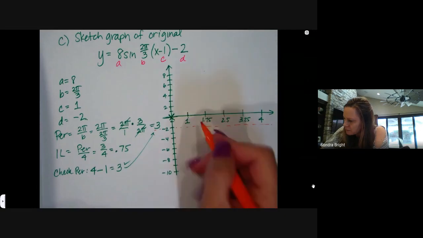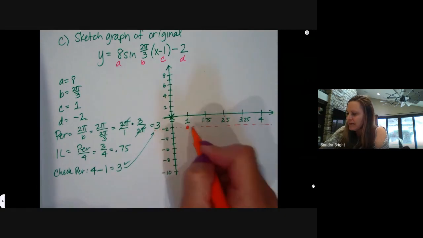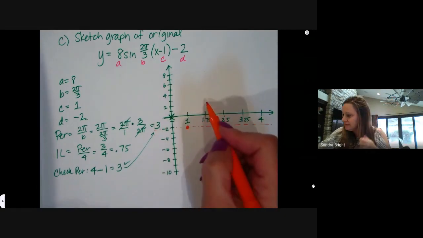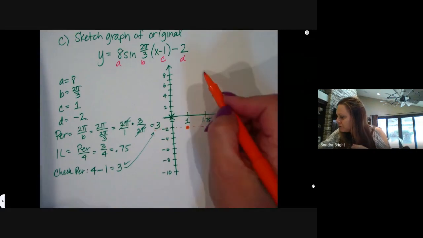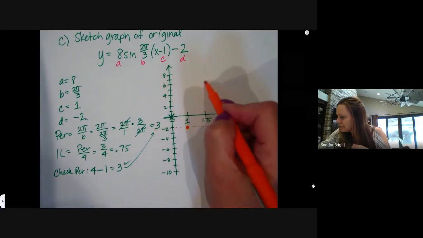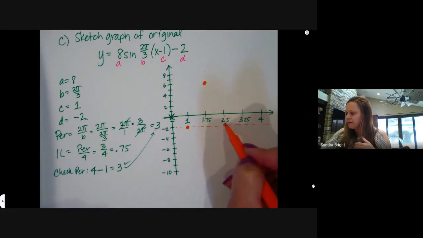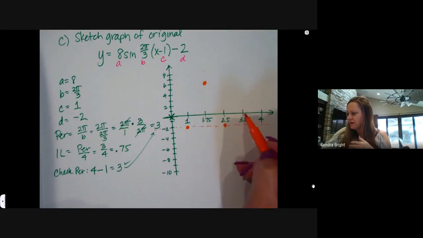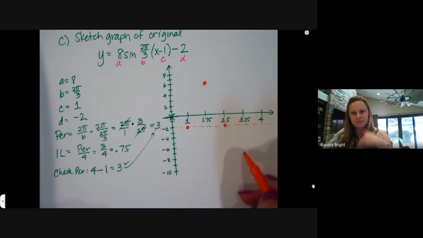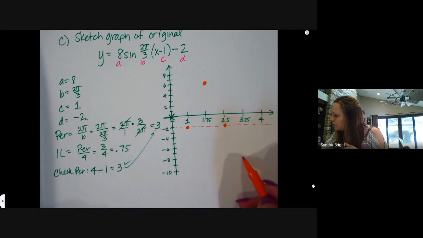The next point I would have gone all the way up to 8, but it's a shift down 2, so I'm at 6. The next, at 2.5, would have been at 0, but we're shifting down 2, so now I'm going to be here. At the next x value, 3.25, which would have been down here at -8, I'm shifting down 2, so now I'll be at -10.